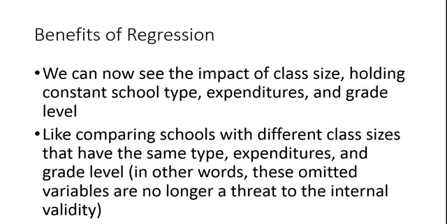So by controlling for these, it's sort of like saying that we're comparing schools with different class sizes that have the same type, being private or public, the same expenditures, and the same grade level. In other words, these variables, type of school, expenditures, and grade level, are essentially no longer a threat to the internal validity of the study. They've been controlled for.